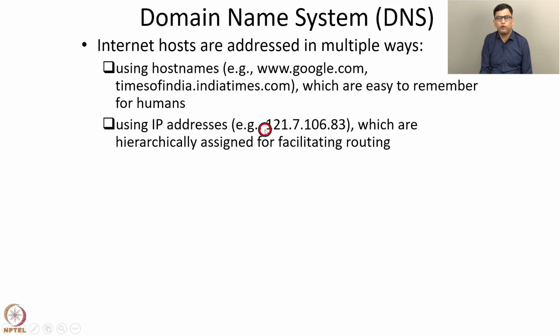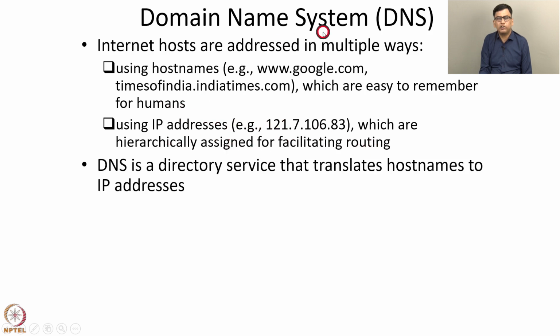For example, the network of an organization may have IP addresses starting from 121.7, and then a particular part of the network may have IP addresses starting from 121.7.106.something and so on. So these IP addresses are assigned hierarchically for facilitating routing.